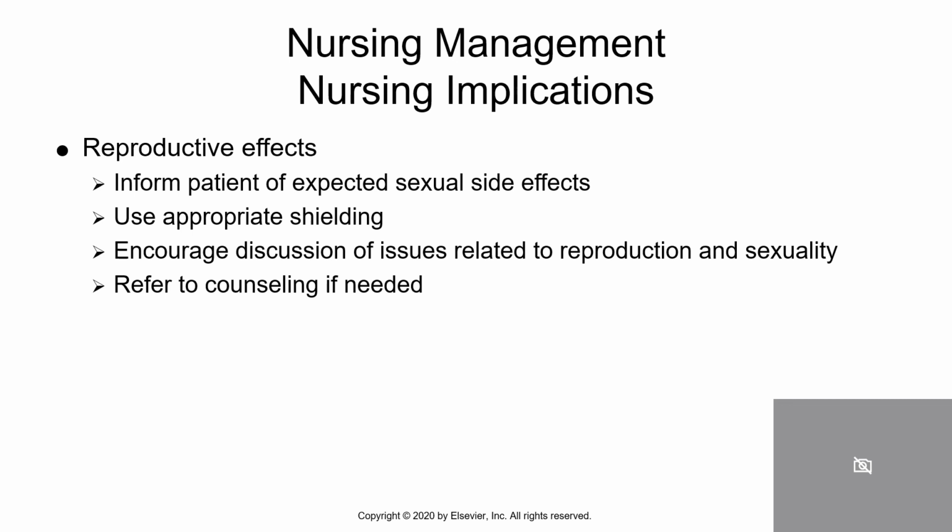Those effects occur most often when the reproductive organs are that targeted area of treatment. So it's important that the patient and their partner get information about expected side effects of the treatment relative to reproductive and sexual issues, and that anything that can be done to preserve their fertility is discussed and initiated.